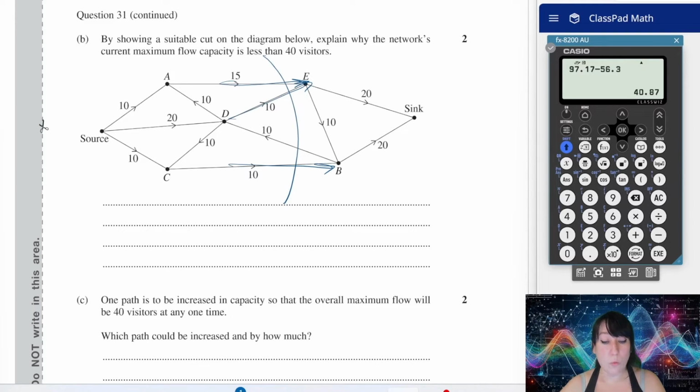So that cut will suit our needs to total something that's less than 40, and it may not be the minimum cut, but since the maximum flow can't exceed the smallest cut, if this is less than 40, then the max flow is less than 40. So the cut is 35. We just need to show the cut, and the explain part is to mention the minimum cut maximum flow theorem.